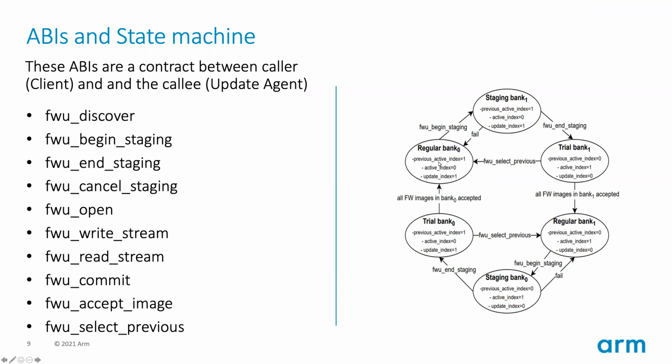And these ABIs are used to communicate from the non-secure world to the secure world via the FFA mechanism. So these are all FFA calls to communicate with the update agent. Okay, so all these steps are happening inside the secure world.